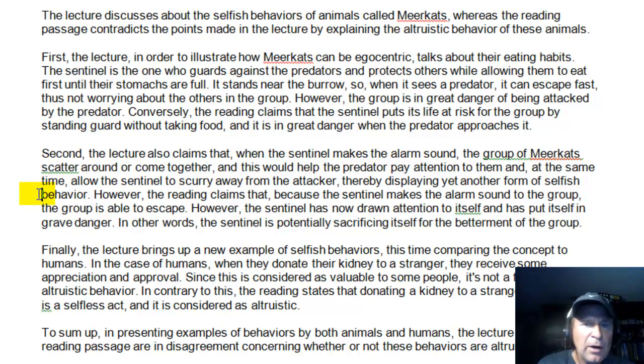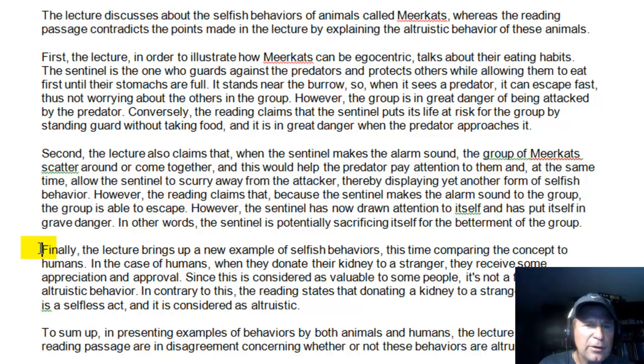However, the reading claims that because the sentinel makes the alarm sound, the group is able to escape. However, the sentinel has now drawn attention to itself and has put itself in grave danger. In other words, the sentinel is potentially sacrificing itself for the betterment of the group.